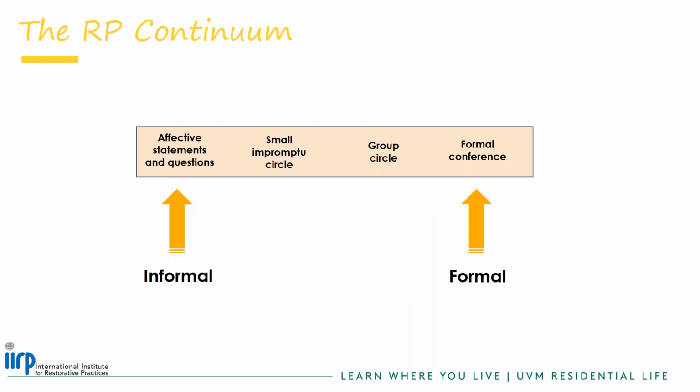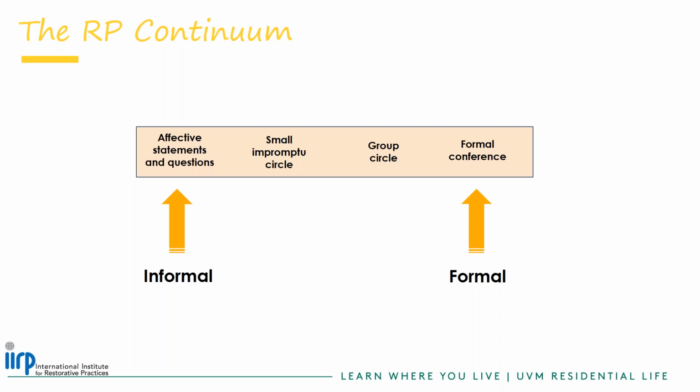And then finally, the fourth component of the Restorative Practices framework is the RP continuum. This is a spectrum of informal to formal interactions that folks can have when they're engaging with others, whether they're their residents, other RAs, or their supervisors. When we think about affective statements and questions, that's being able to ask a question that elicits an affective response, or a response of emotion, and the affective statement is that expression of emotion.